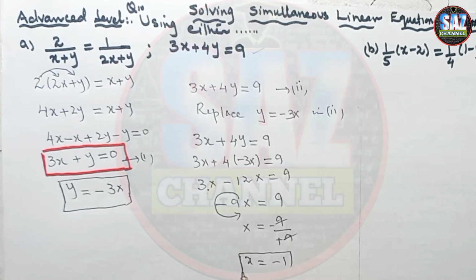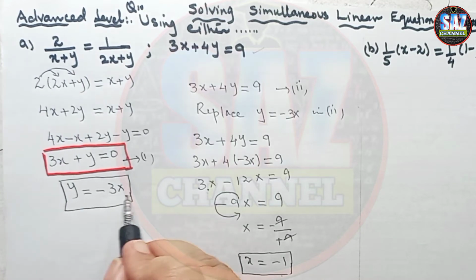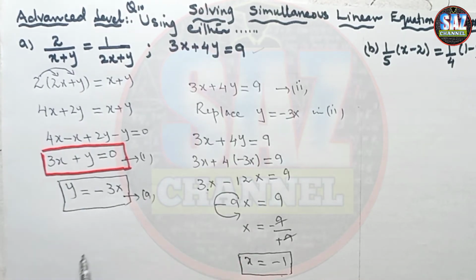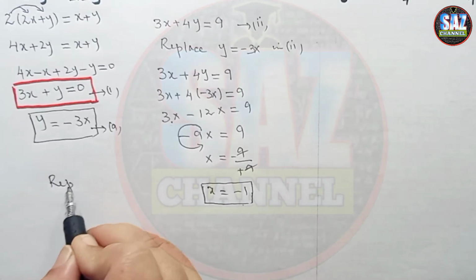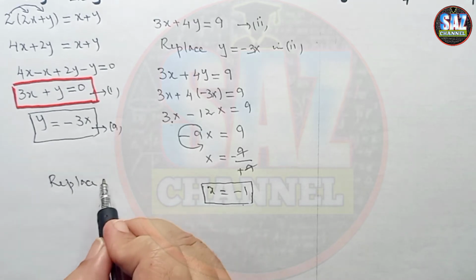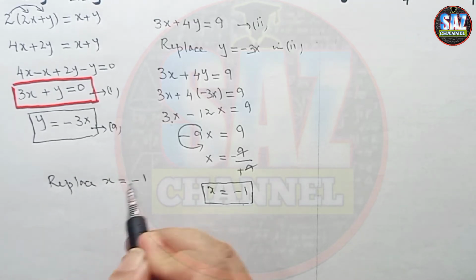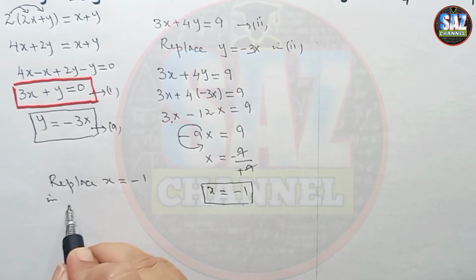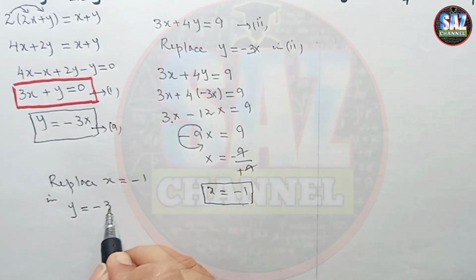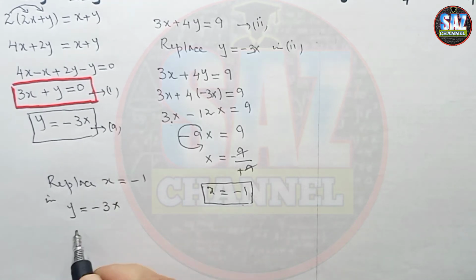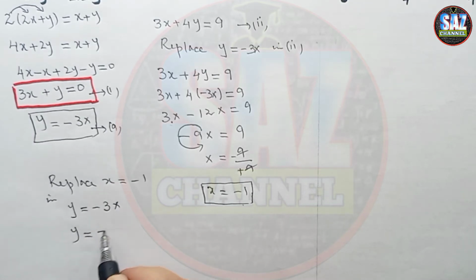Replace x equals minus 1 in equation A. Let it be A. Replace x equals minus 1 in y equals minus 3x. So the value of the second variable will be minus 3 into minus 1.